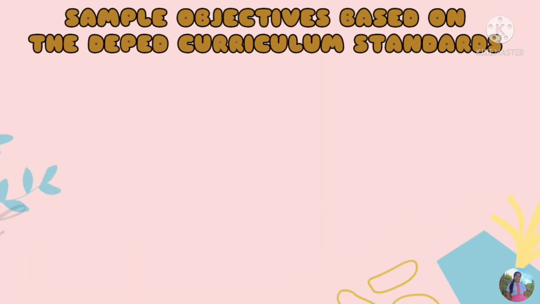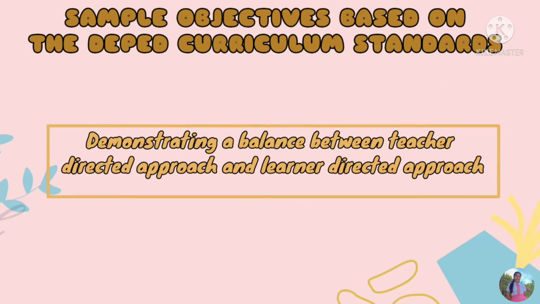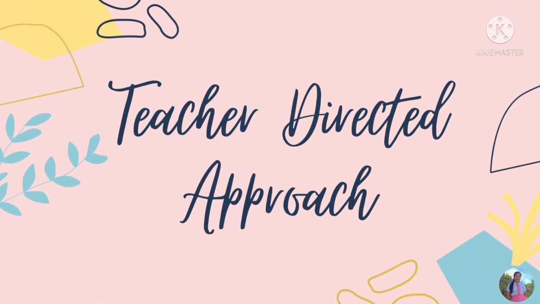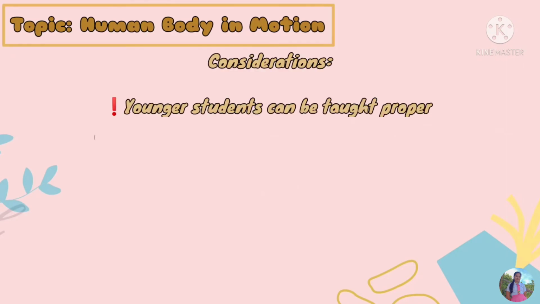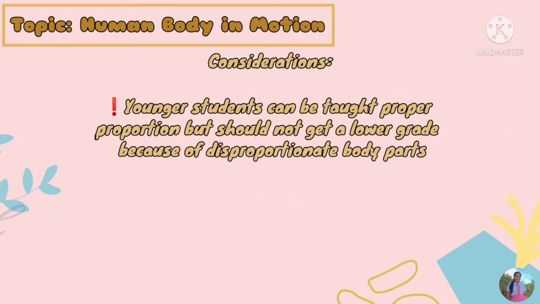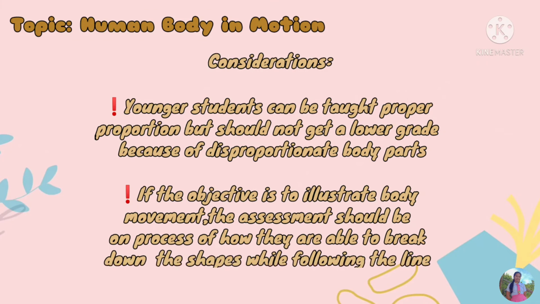These are the sample objectives based on the DepEd curriculum standards, demonstrating a balance between the teacher-directed approach and the learner-directed approach. Let me share with you first the teacher-directed approach. Topic: Human Body in Motion. Considerations: Younger students can be taught proper proportion but should not get a lower grade because of disproportionate body parts.